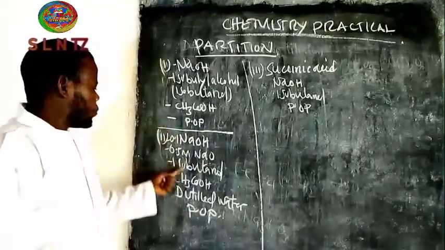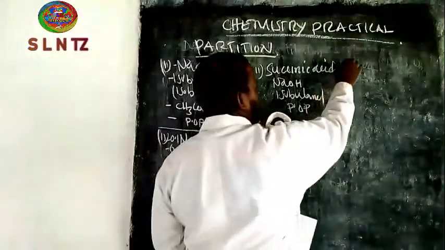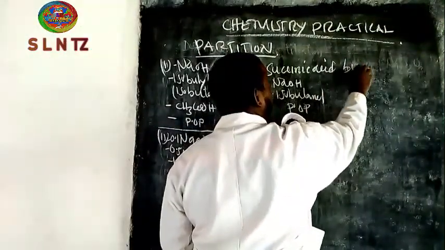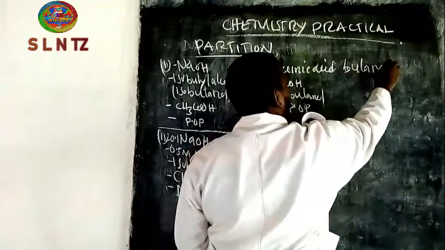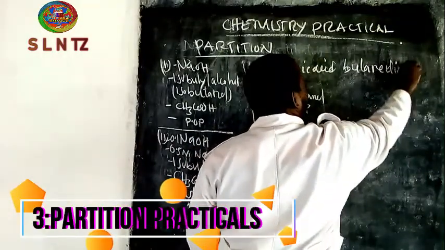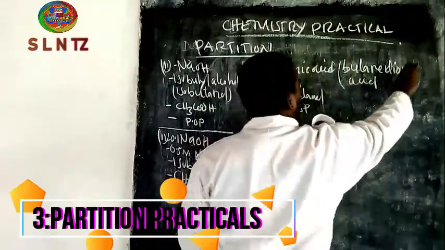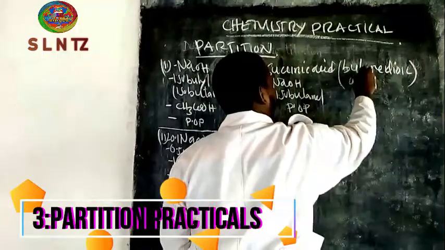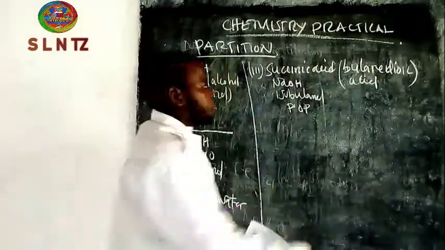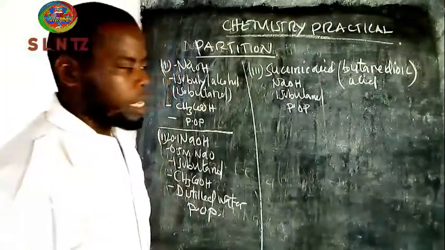So 1, 2, 3. This is called also butane dioic acid. It's called butane dioic acid in another name.